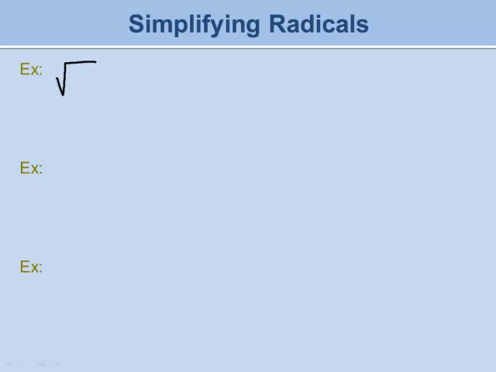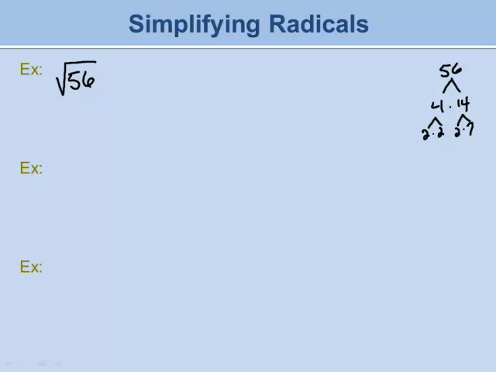Let's say you're asked to simplify the square root of 56. Now, 56 is not a perfect square, but you could break 56 down. Notice that 56 is the same as 4 times 14. Okay? 4 is the same as 2 times 2, and 14 is the same as 2 times 7.